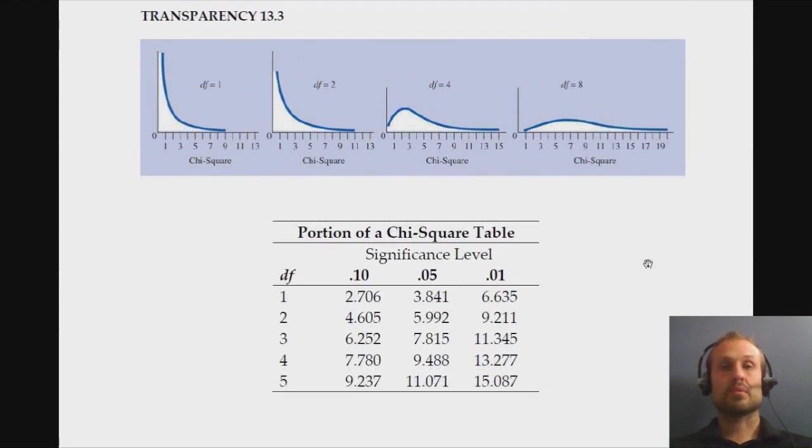Now again, I can use my tables and look up the different cutoff values for this distribution. If I, for example, have 4 degrees of freedom and my alpha was 5%, then the cutoff value would be 9.488, meaning that if I get my sample, and my sample gives me a chi-squared observed value of more than 9.488, I'm going to count that as being significant, that it is in fact different than the expected breakdown.